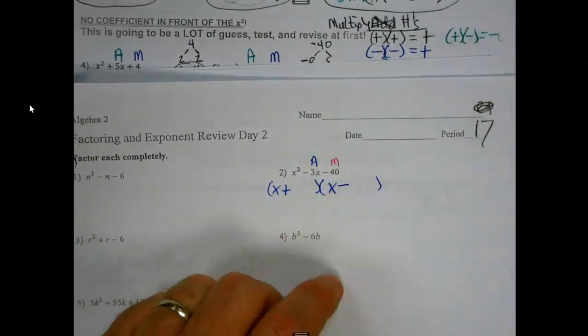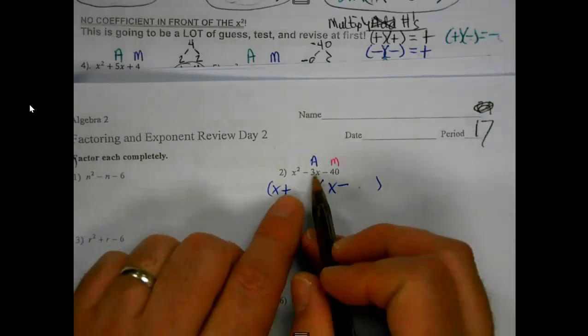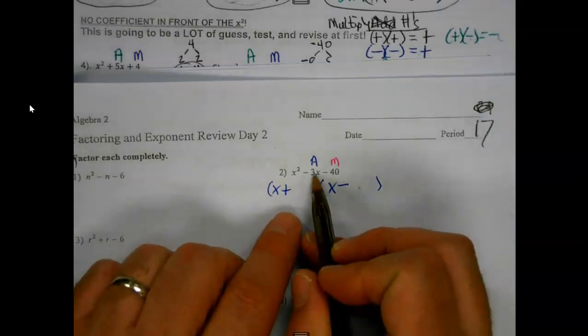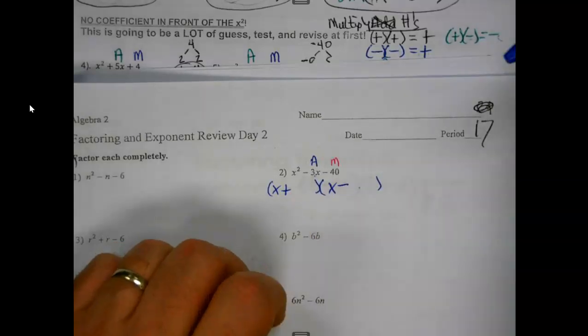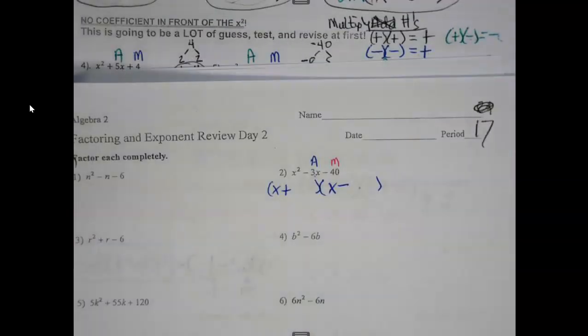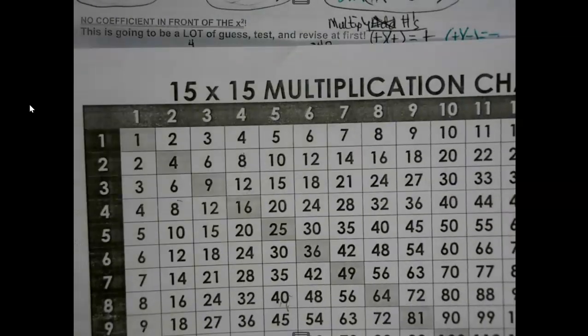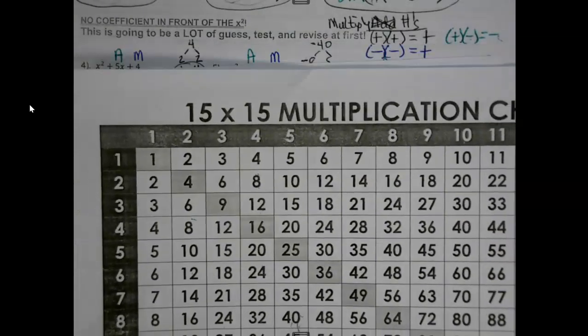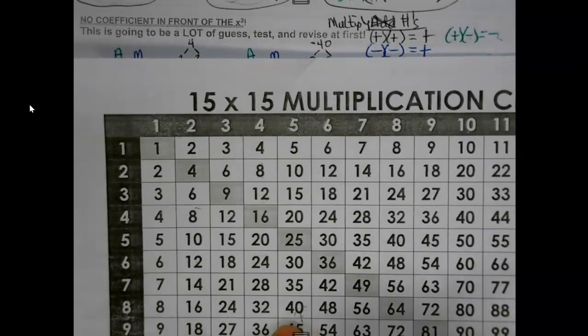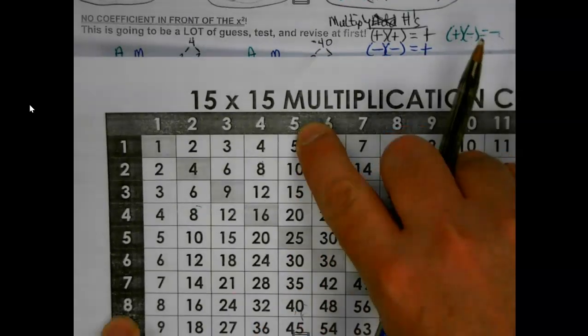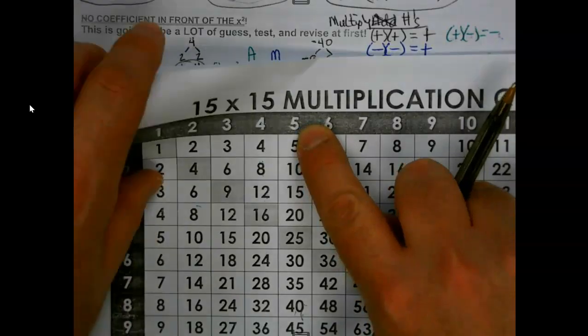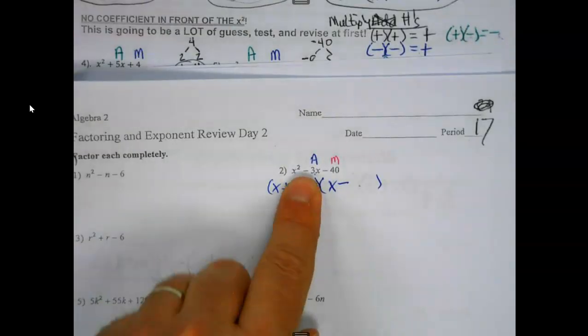But now, I need these two numbers to be 3 apart from each other. Because again, when they're different signs, that's what we're looking for. So either I can do it in my head, I could start dividing in the calculator, or if I grabbed one of the charts in back, I could just go looking for 40s and then be like, hey, 8 and 5, they're 3 apart. That's the sign of the bigger number.